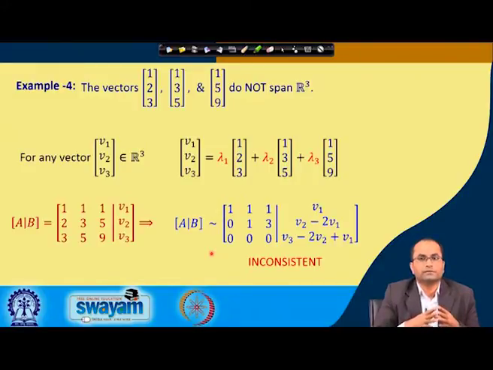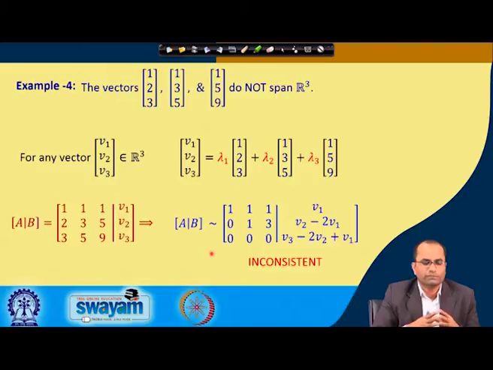In the third example, where we have taken 4, that was also a spanning set, but there we were getting non-unique representations of a given vector from R3. And now in this example, though we have 3 vectors from R3, they are not sufficient to represent a general vector from R3. So, this does not form a spanning set of R3.